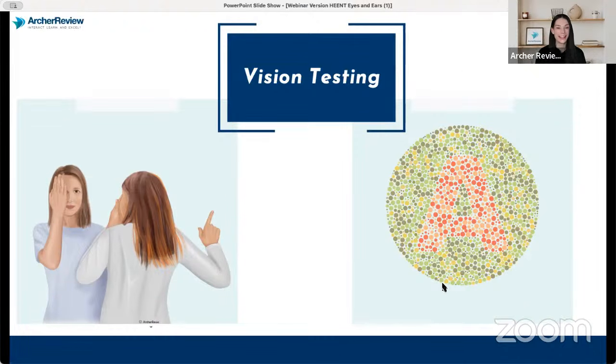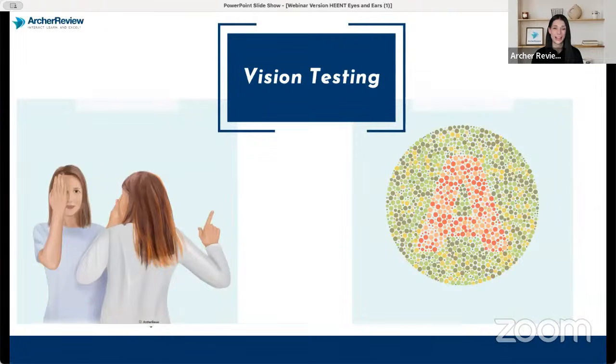And then what is this? If you can see the A in the middle of this circle, you are not colorblind. So good news there. But what is this colorblindness test called? Sometimes you see these in like magazines or like little fun books of, can you see the numbers?